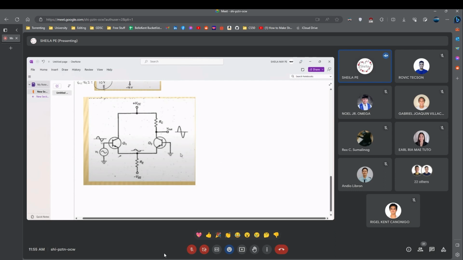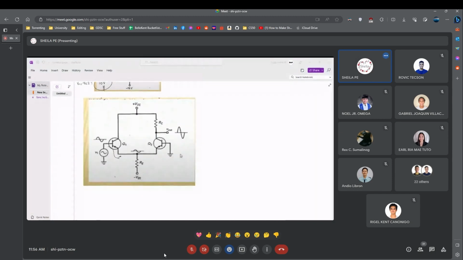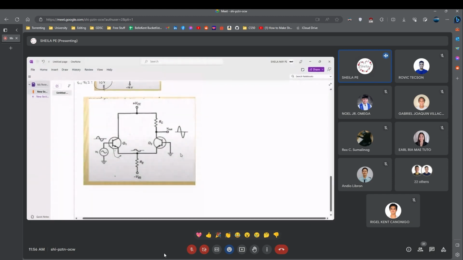So it is positive, a large signal passes through here, right? A large signal passes through here. Now, it responds in a complementary manner.